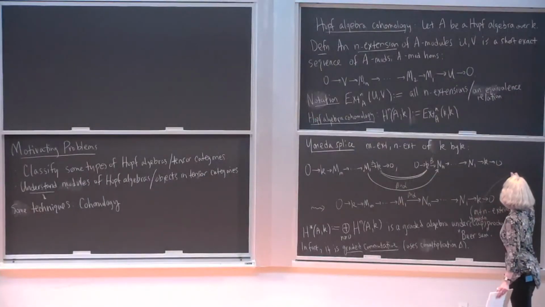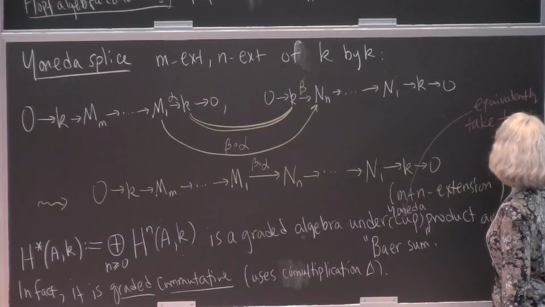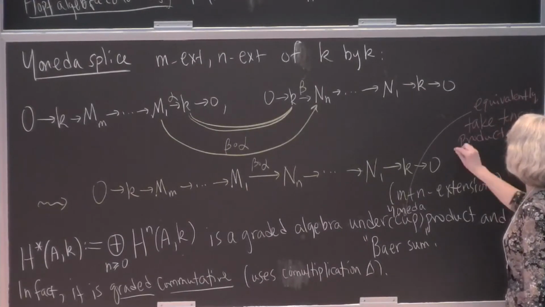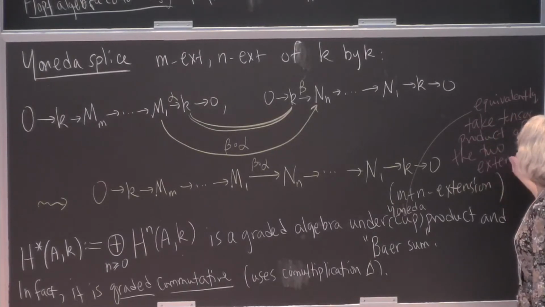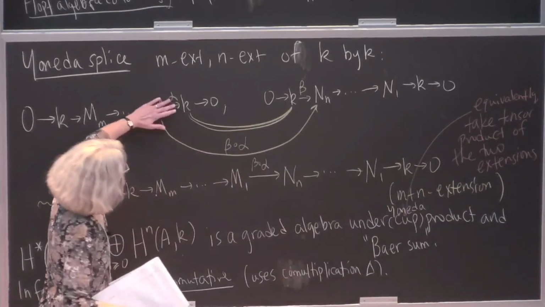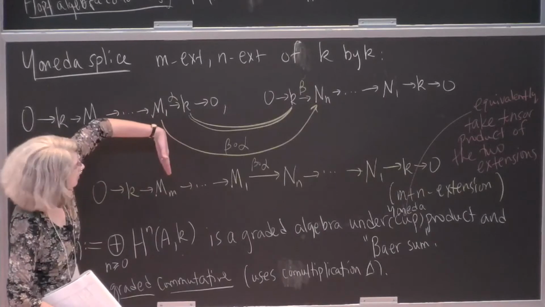So equivalently, take a tensor product of those two extensions. What do I mean by that? Take one of these and make it vertical, rotate it so it's vertical.